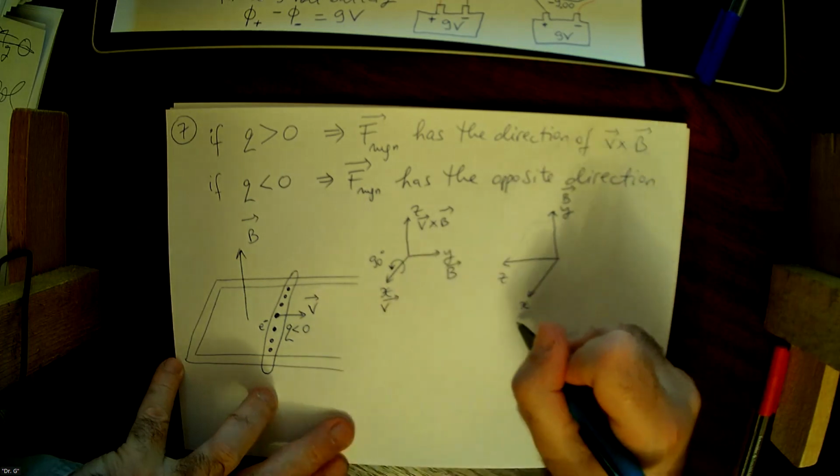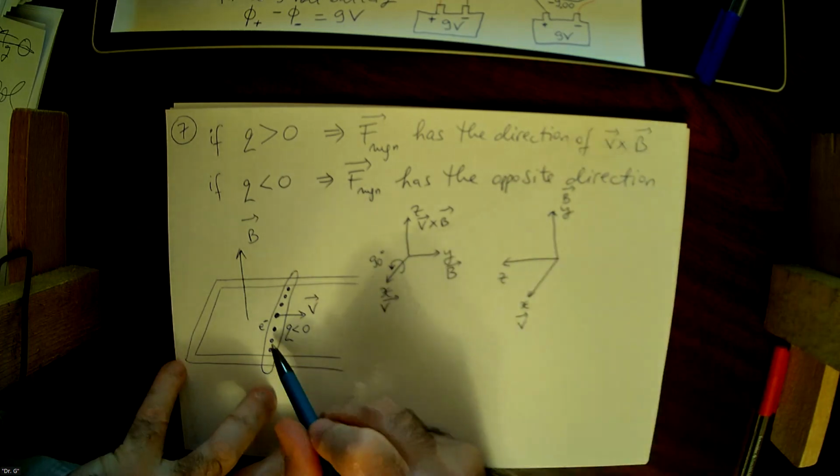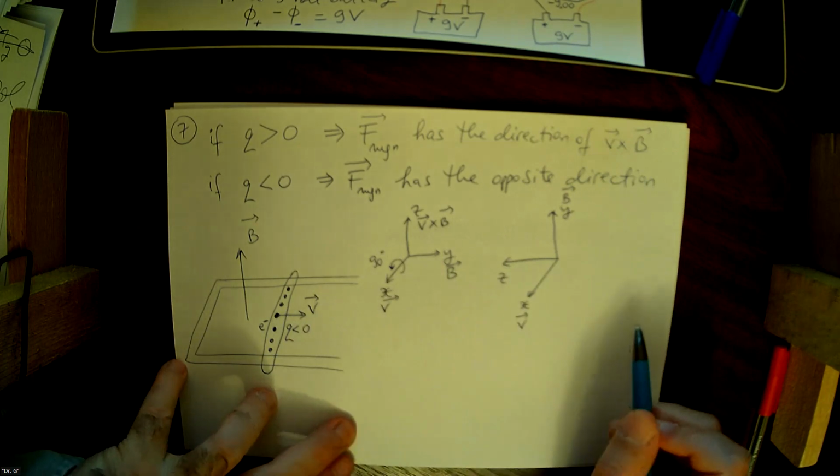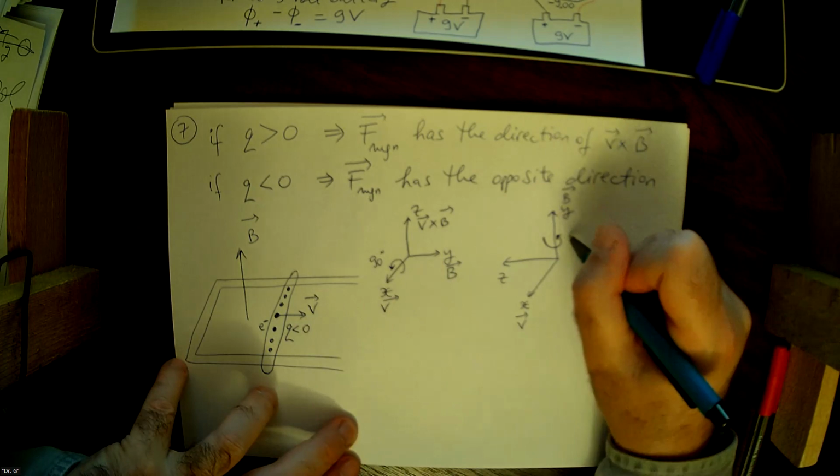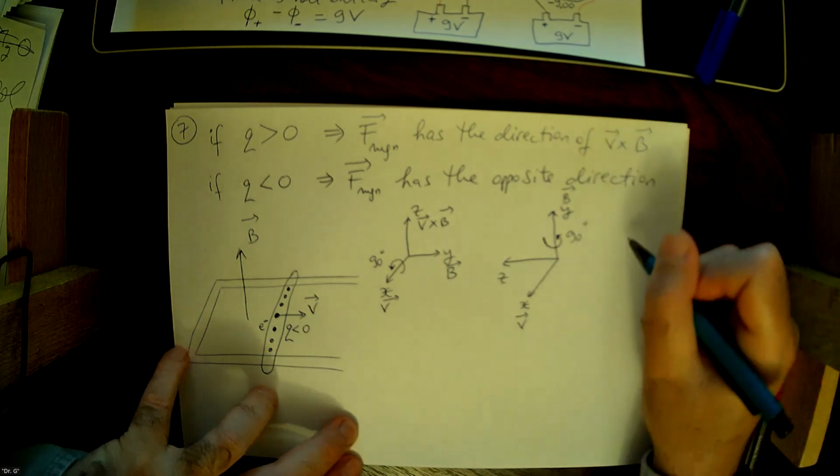Now I want the velocity to be to the right. So I rotate this around this axis 90 degrees.